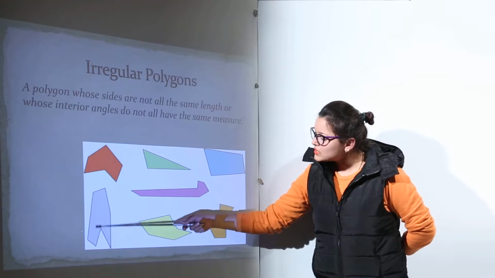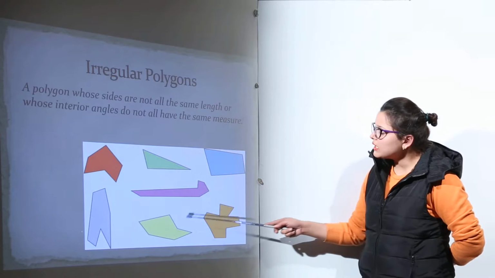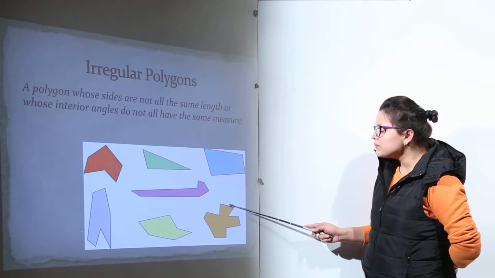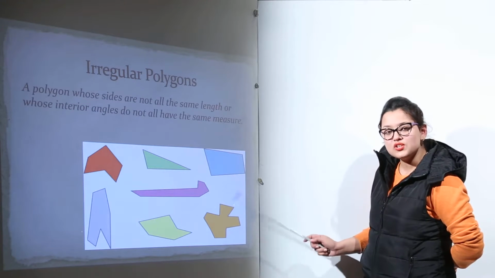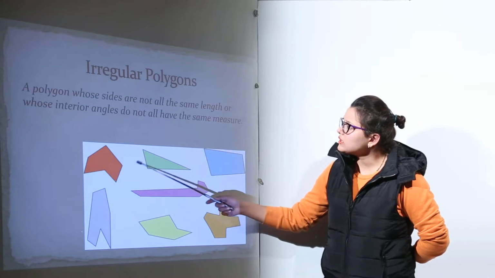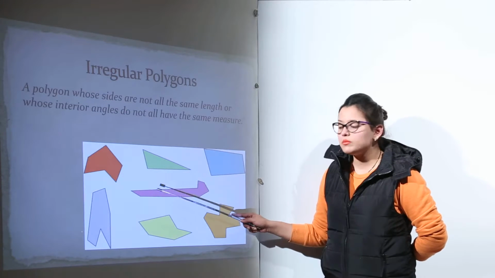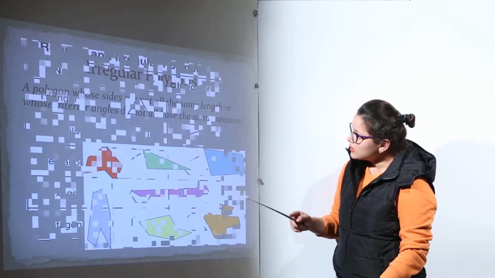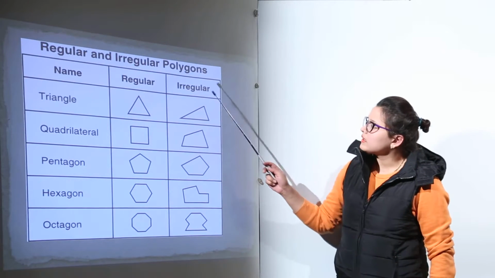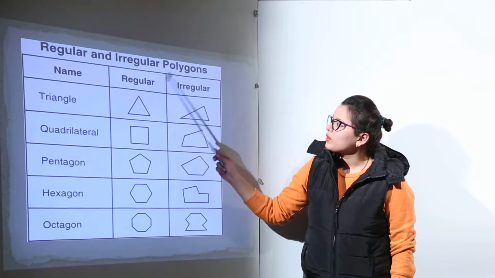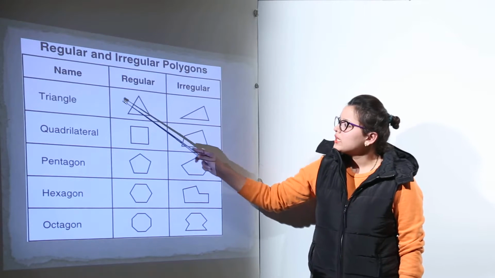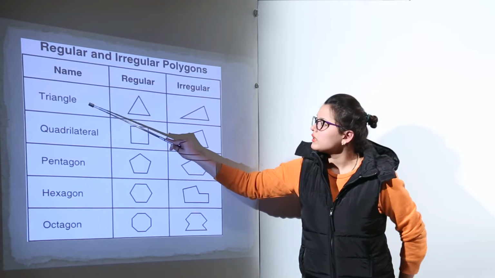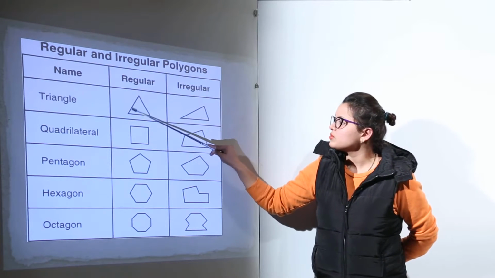Similarly, we have all these shapes depicting different types of polygons. They have different numbers of sides, but we can see the measurement of each side is different in each case. So, these are not coming under the category of regular polygons. These will be under the category of irregular polygons. The next is the comparison between regular and irregular polygons. You can see over here clearly, if I have made a triangle, that means a three-sided polygon. If a triangle needs to be regular, it will be shown like this.